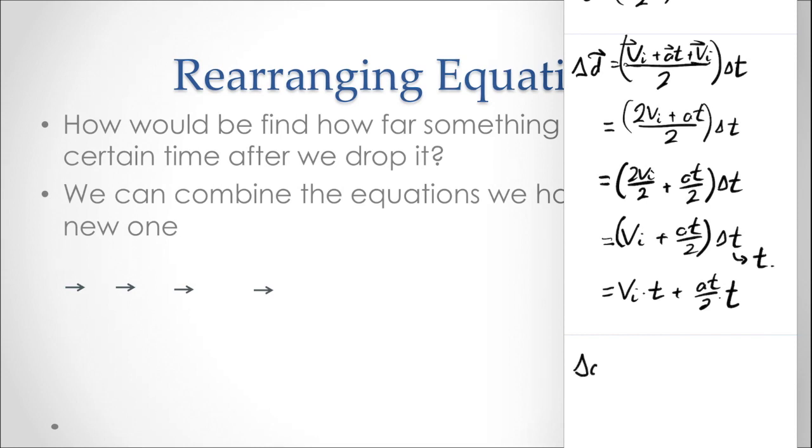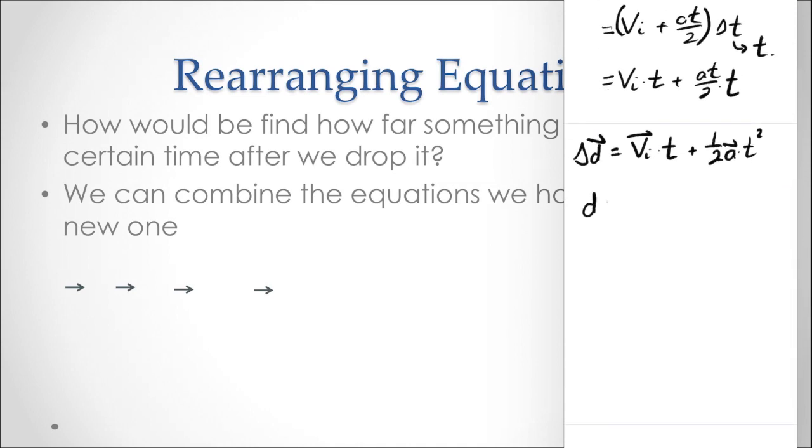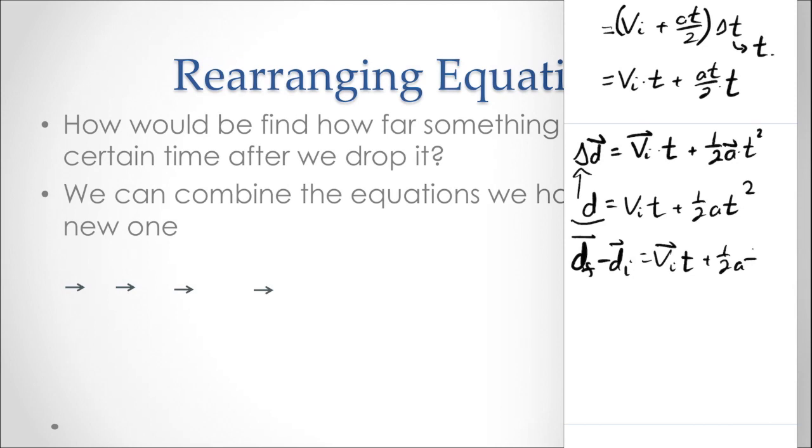This shows us that delta d is equal to our initial velocity times time plus half of our acceleration times time squared. In your equation sheet, this is written as d equals Vit plus half a t squared. This d is actually a change in your displacement. You can also write this as df minus di equals Vit plus 1/2 a t squared.